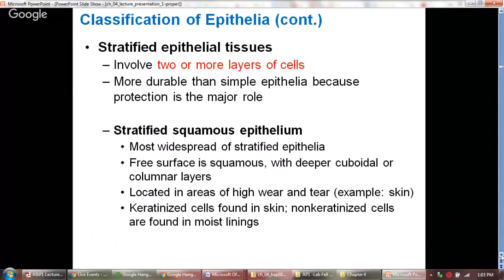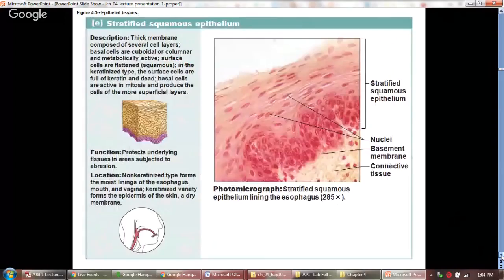Some have keratinized cells, found in the skin, and non-keratinized cells are found in most linings, because inside, stratified squamous epithelia don't have keratinization, but outside in the skin you do find keratinized cells. So here it shows the stratified squamous epithelia of the skin.